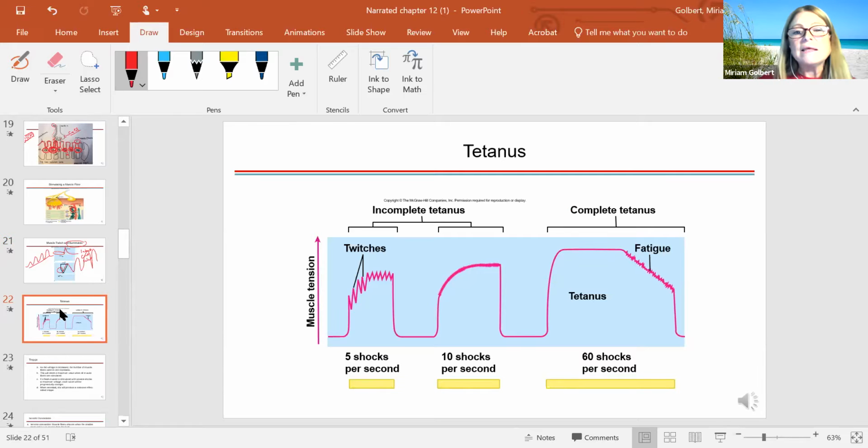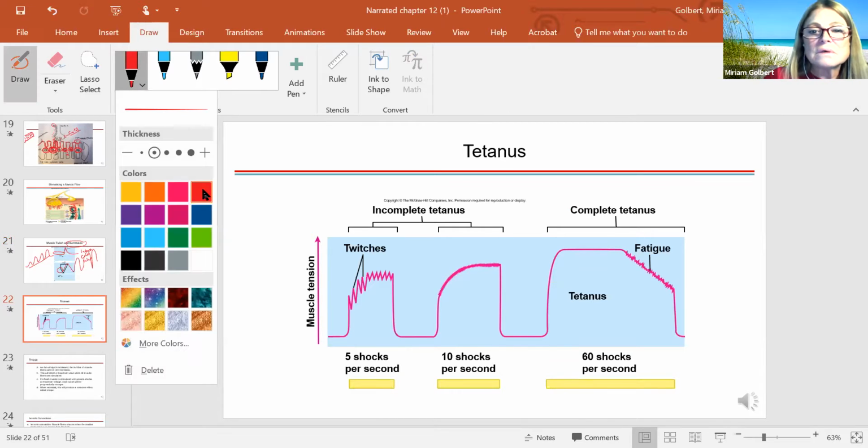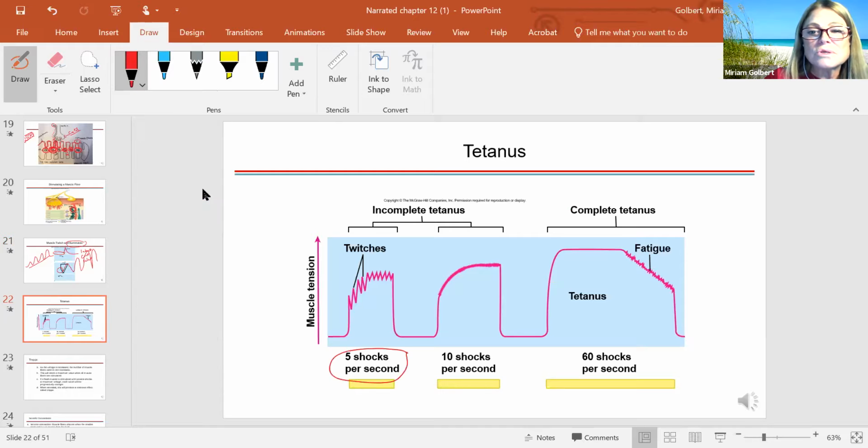So depending on the frequency of the shock, frequency has to do with unit time, right? So if you stimulate 5 shocks per second, you're gonna get this. This is different from summation because you're not allowing full relaxation between the stimulus.